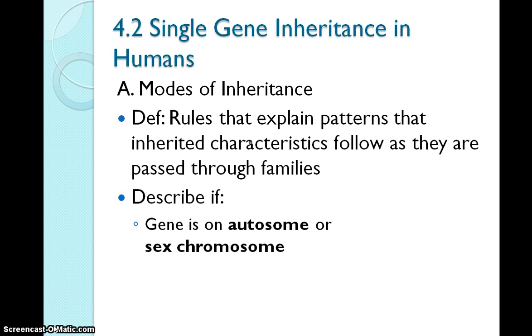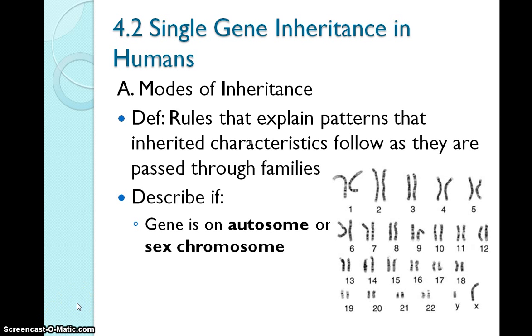When we are looking at modes of inheritance, it can describe a couple of different things. First, a mode of inheritance would describe if a trait is on a gene that is on an autosome or a sex chromosome. Autosomes are chromosomes numbered 1 through 22. These are the regular chromosomes.